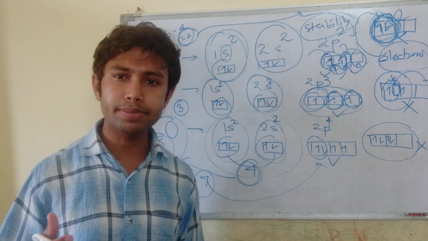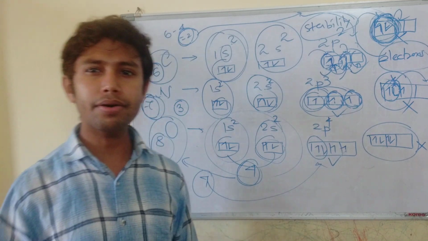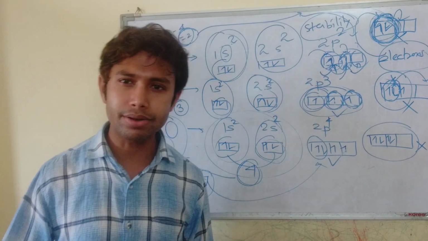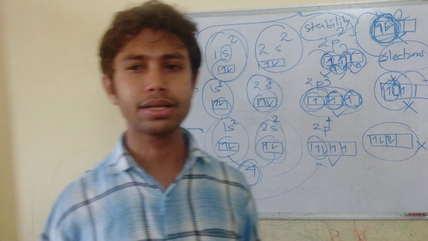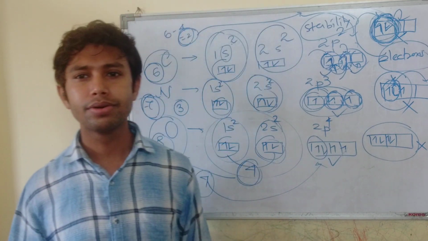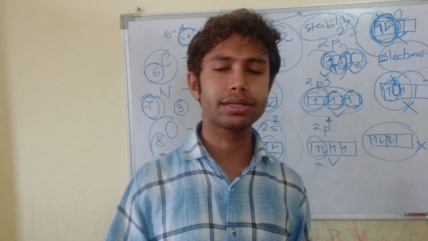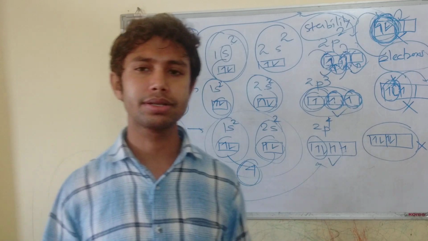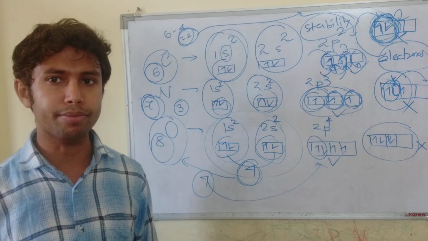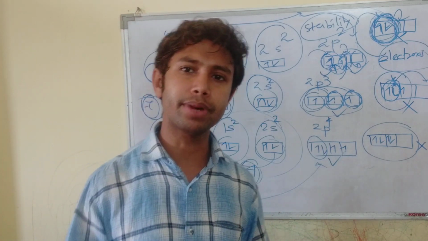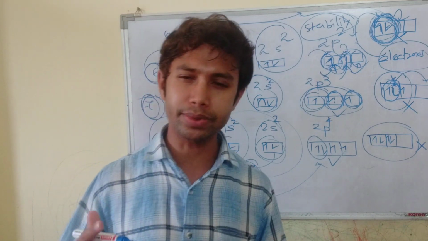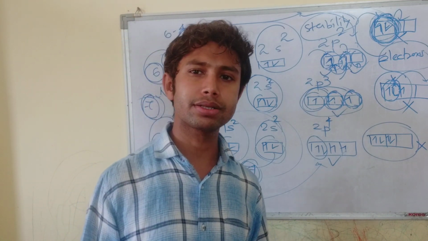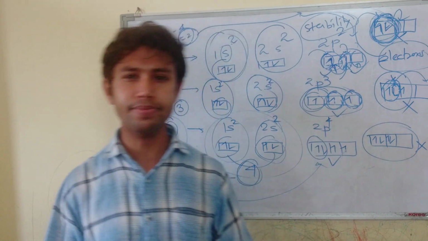Pauli's exclusion principle states that no 2 electrons can have the same set of 4 quantum numbers. Up to 3 quantum numbers we may get the same, but the 4th one must be different.